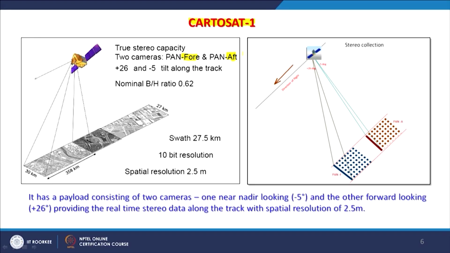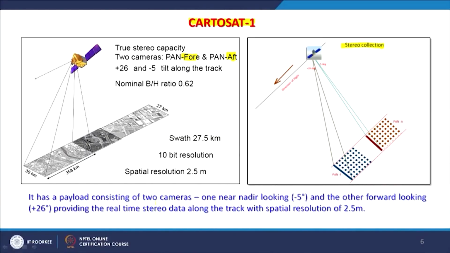So, when it keeps doing like this, you are getting data almost at the same time, and differential cloud cover or other meteorological conditions will not have any significant role, whereas in the case of SPOT it was a real challenge to get both photographs of a single stereo pair under completely identical meteorological conditions. But in the case of Cartosat it is possible.